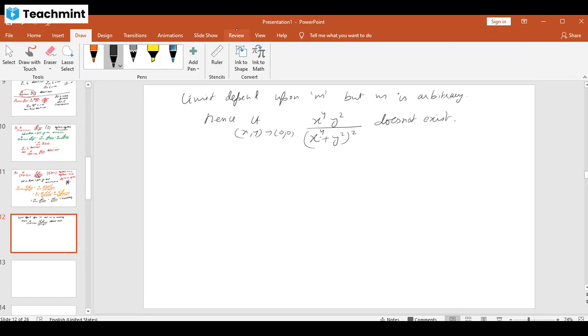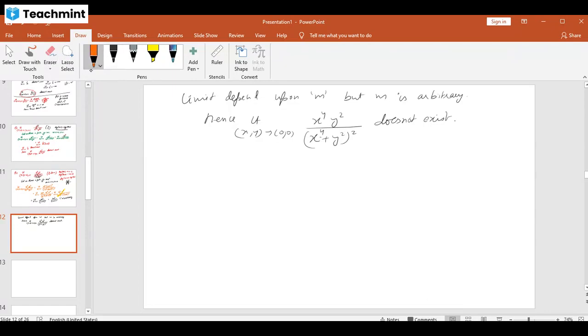Okay, let us consider one problem here. Basically, there are two things. Even if the degree of the numerator and denominator is the same, even then the limit of the function may not exist.